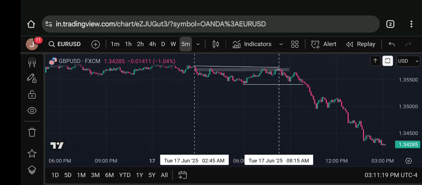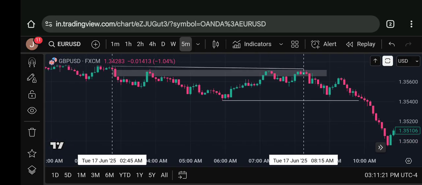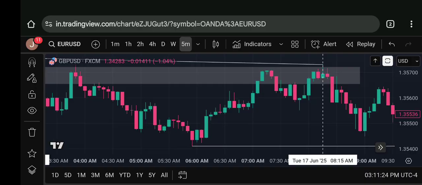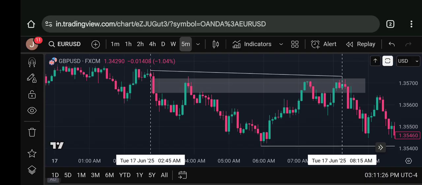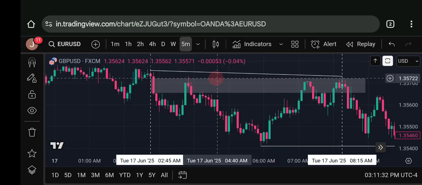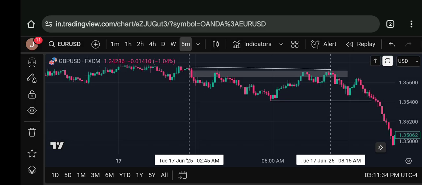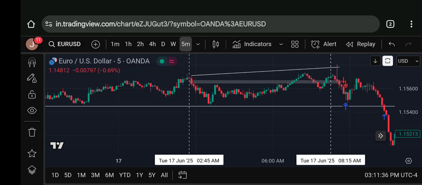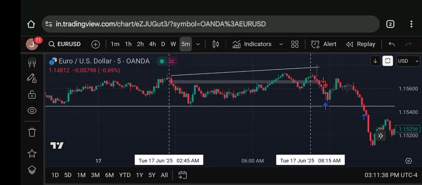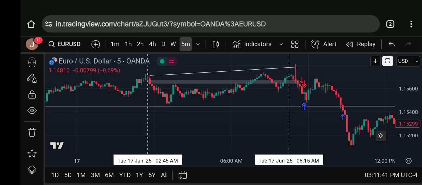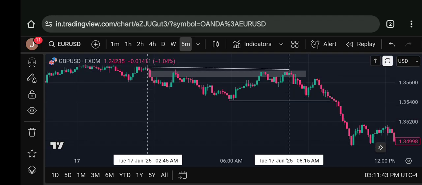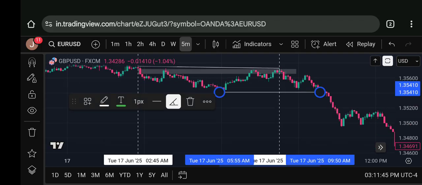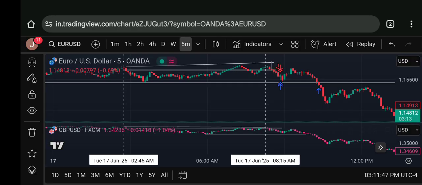So this SMT confirms reversal. We can see the price respecting this fair value gap here, perfectly respecting this fair value gap, whereas price disrespects this fair value gap and makes a buy side liquidity sweep. So price would move to sell side, and price respects this bearish fair value gap, so price would move to sell side. So that's what happened here guys.